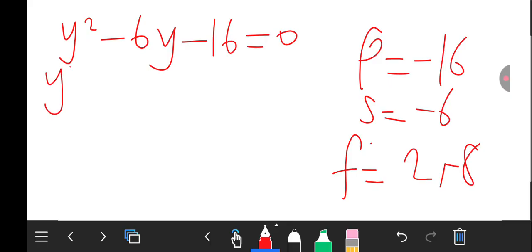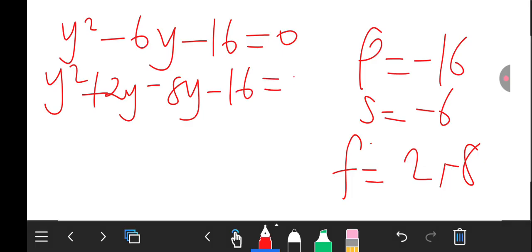So we're going to have y squared plus 2y minus 8y. We have just substituted where there is b. Then minus 16 is equal to 0. Then we can factorize this in pairs, so it will be y times y plus 2. Okay.